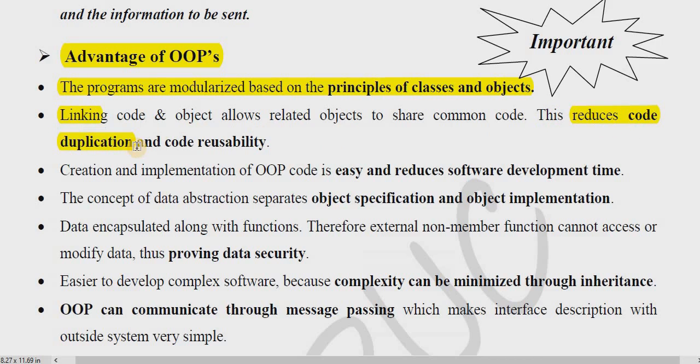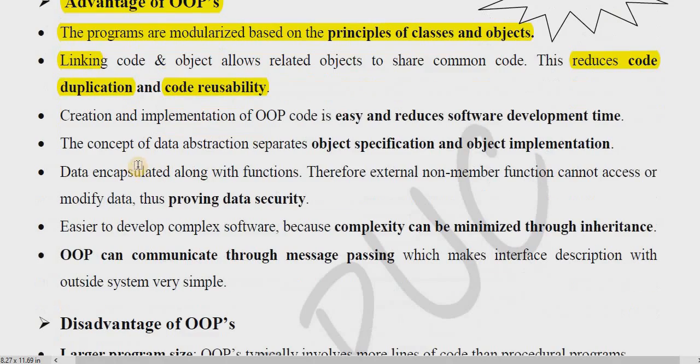Duplicate code we can avoid, and we can achieve code reusability. Next, using object oriented programming it is easy to reduce software development time. In a very short time we can develop software very fast.